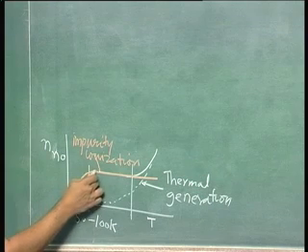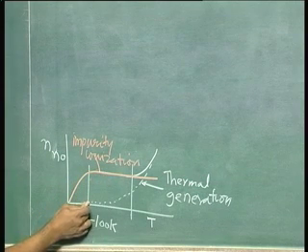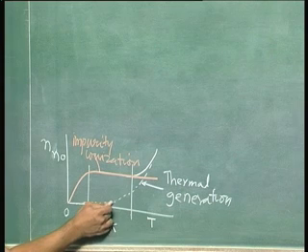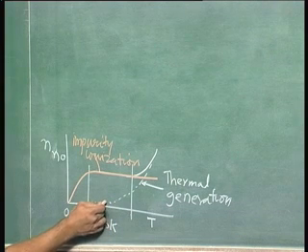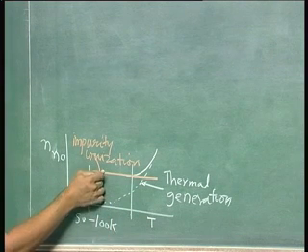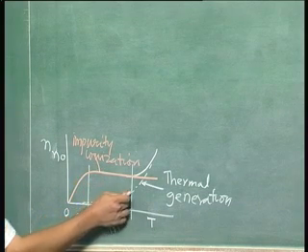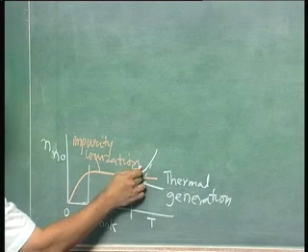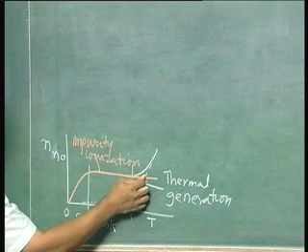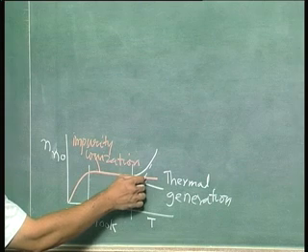So impurity ionization, already all impurities are getting ionized by this temperature, which is less than room temperature. So you are reaching a saturation. So though this component is going on increasing, this thermal generation component is very, very small compared to impurity ionization because of the different energies associated with these two. And then it is only beyond this temperature here that the thermal generation is becoming comparable to the impurity ionization.